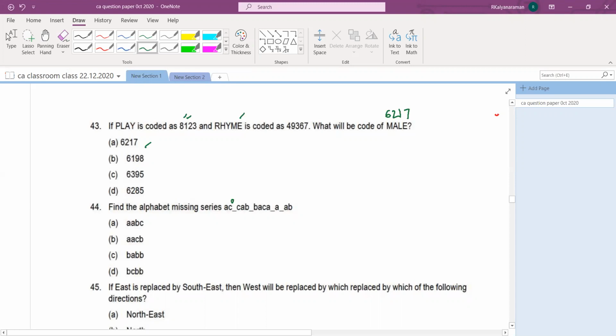Suppose I take this as A and this as A again, this as B, this as C. You have AC, AB, AB, AC. Again here AC, AB should come.